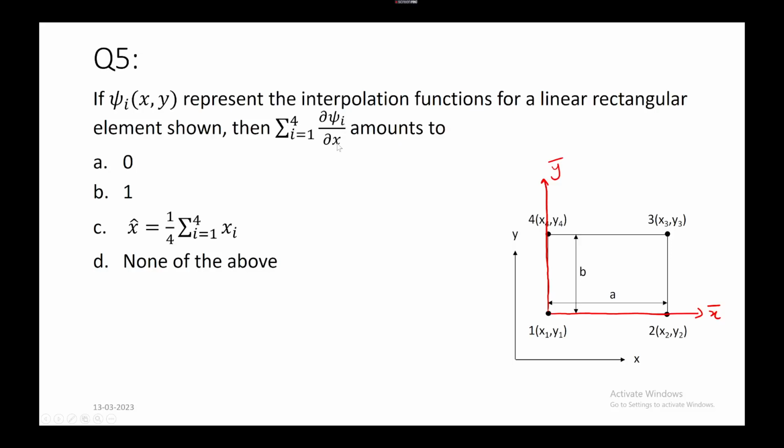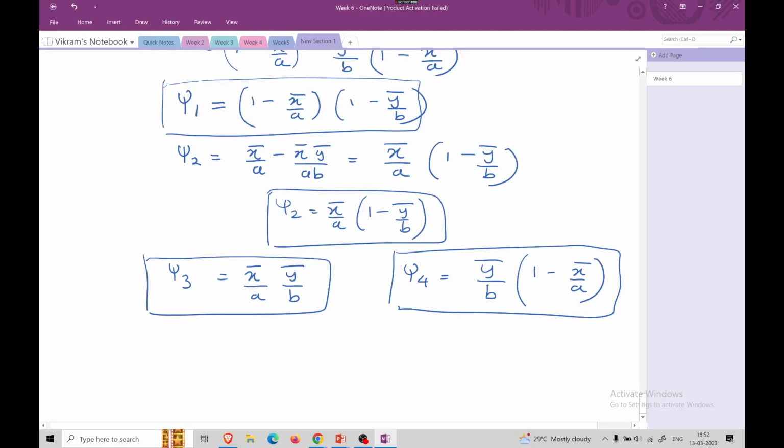So summation of dou psi i by dou x. We have seen in the x bar terms. My x is nothing but x bar plus x1, we saw already. X is equal to x bar plus x1, y is equal to y bar plus y1.